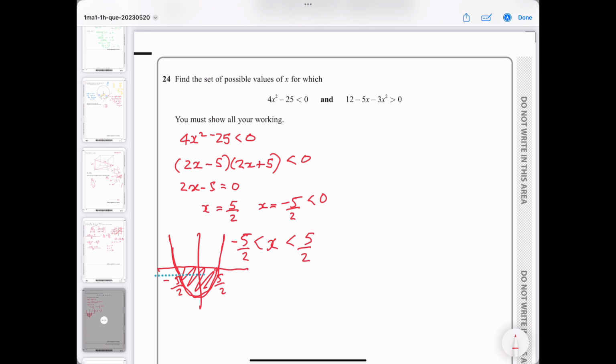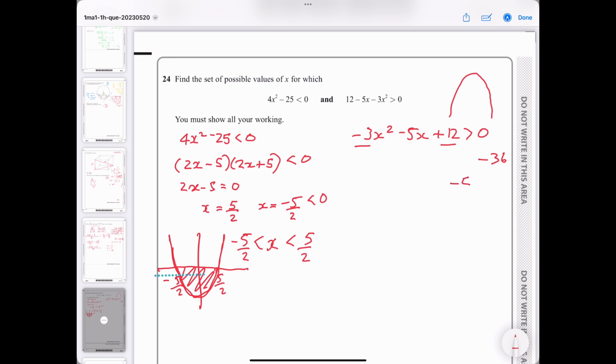Right, for a start, this is going to look like that, which is just horrible. Minus 3x squared minus 5x plus 12 is greater than 0. Now, whatever this is, we're going to have to solve it. So minus 36, I've timesed out this by that.